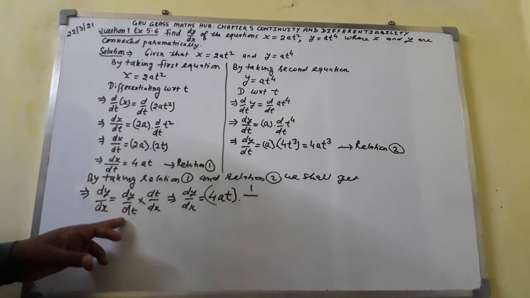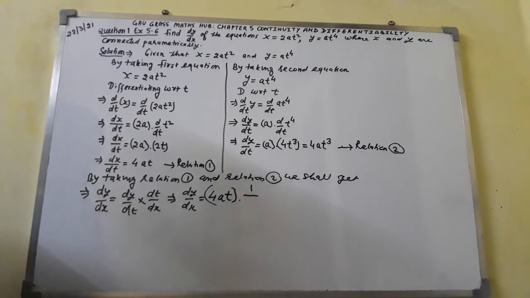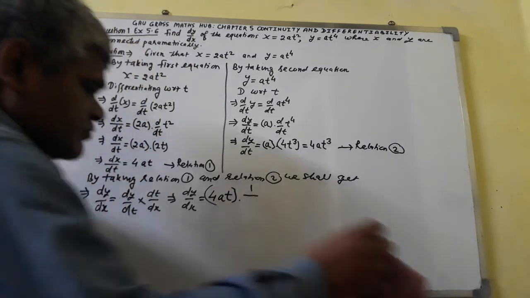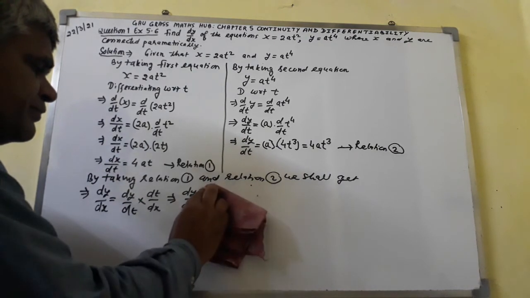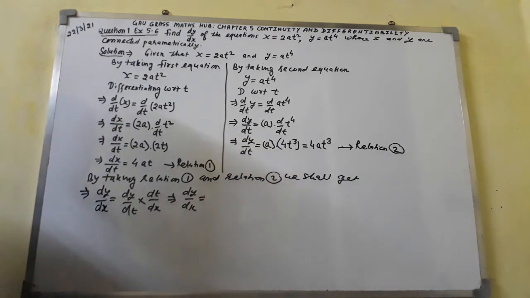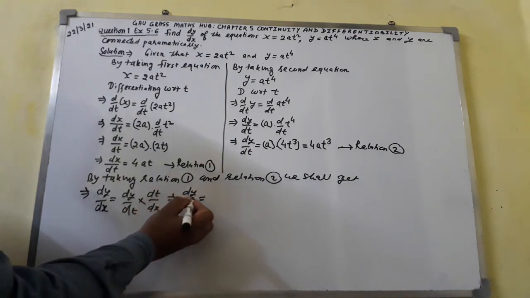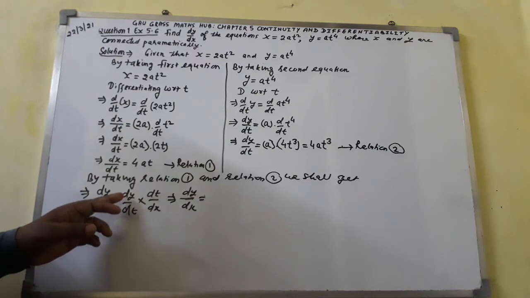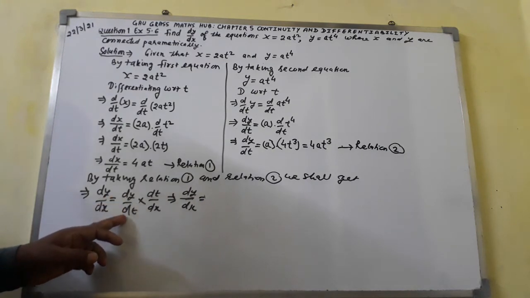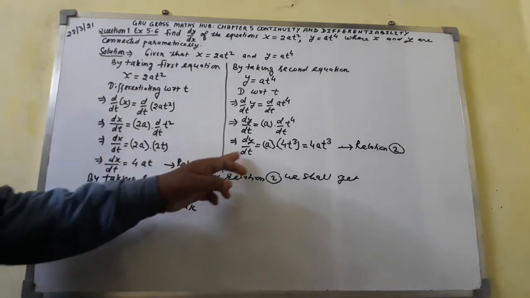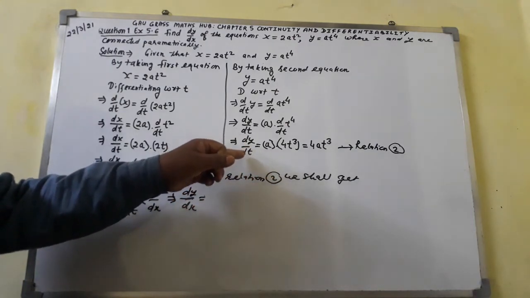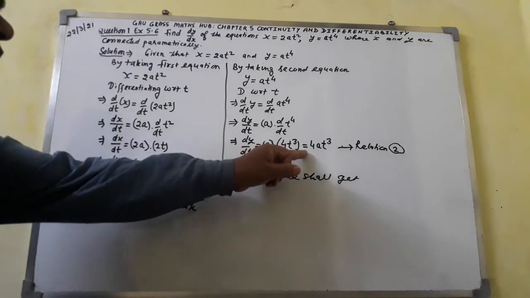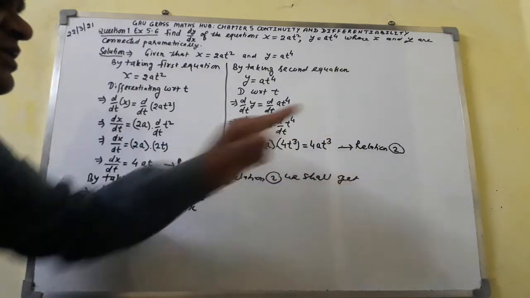So dy over dx equal to, in place of dy over dt I shall take from relation number 2. Here you can see dy over dt equal to 4at raised to the power 3.